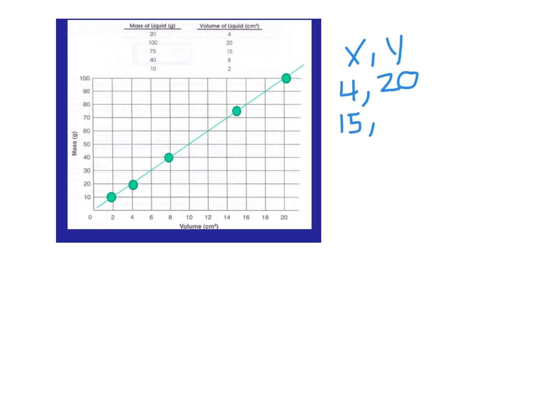Just kind of picking randomly here. Those are my 2 xy coordinate points. So I want y2 minus y1 over x2 minus x1. So these are my 2 y's.